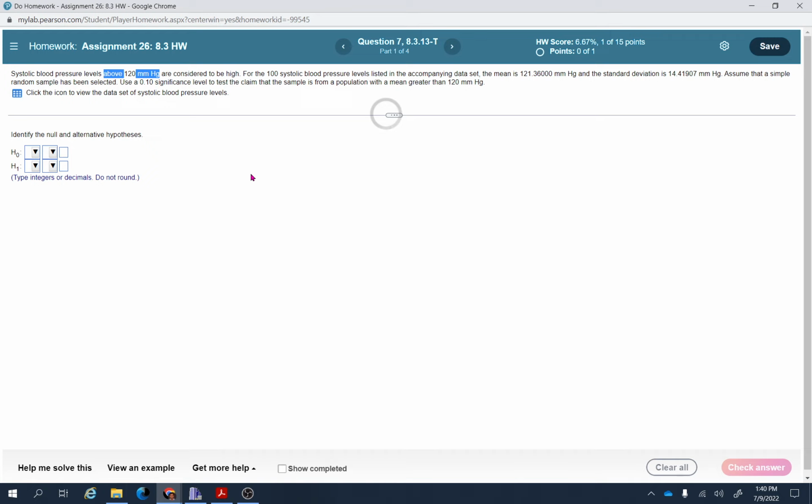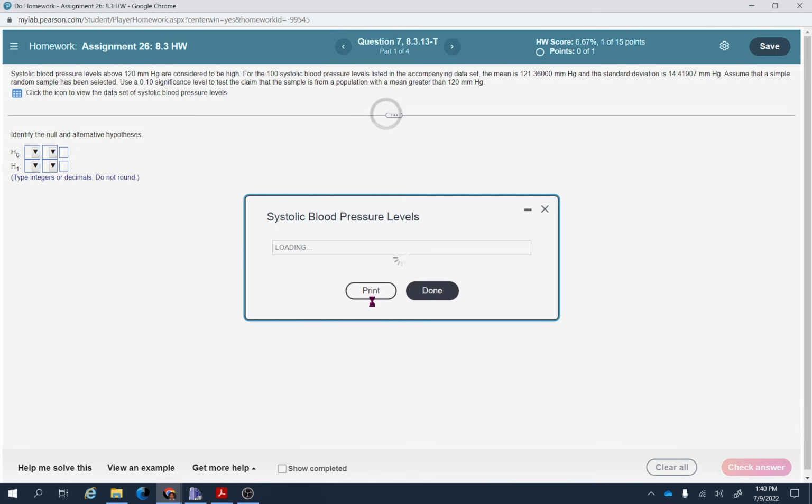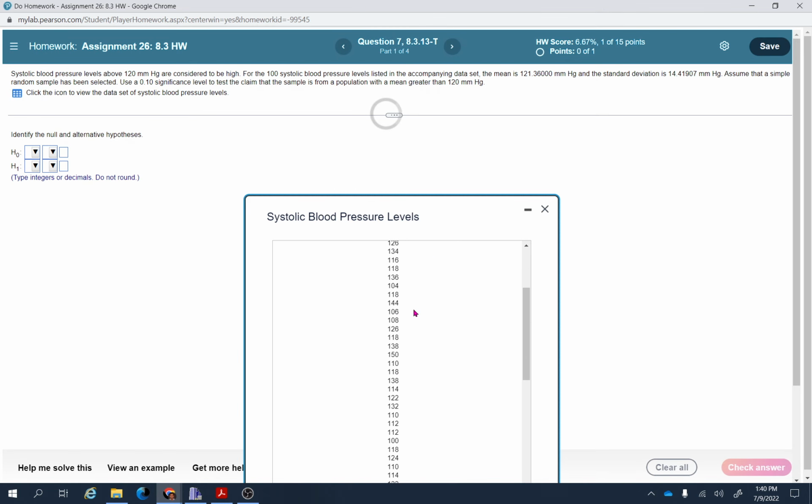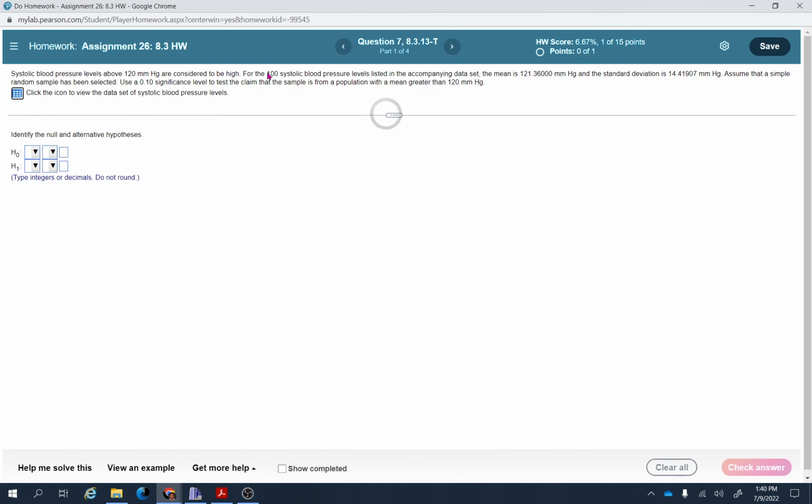For the 100 systolic blood pressure levels, that means this is a sample of 100. If you click here, it gives you the sample data. For this 100 sample data, the mean blood pressure is 121.36 and the standard deviation is 14.41907.